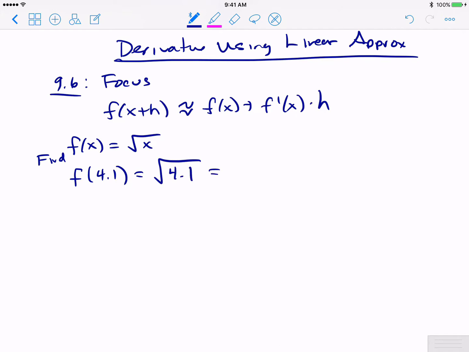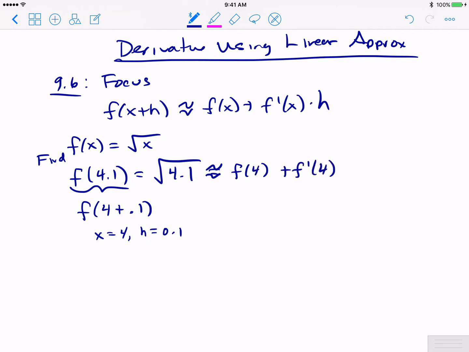Now you can use your calculator, but the idea here is that the function evaluated at 4.1 is the function evaluated at 4 plus 0.1, right? So x is equal to 4 and h is equal to 0.1. The square root of 4.1 is approximately the function evaluated at 4 plus f prime of 4 times 0.1.